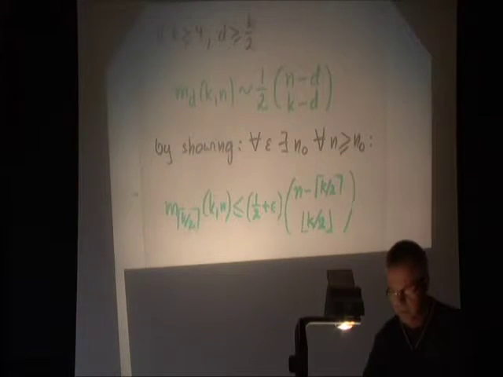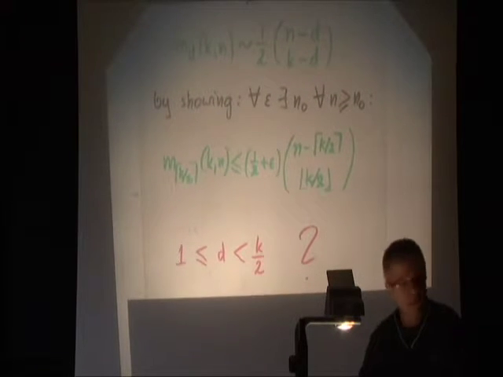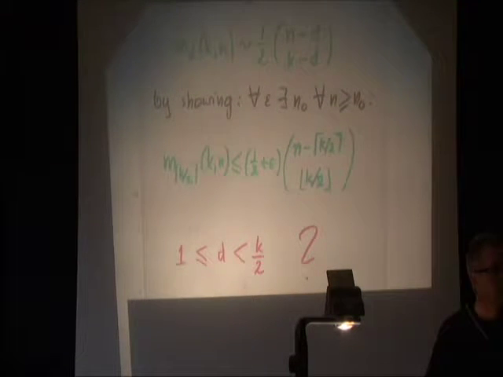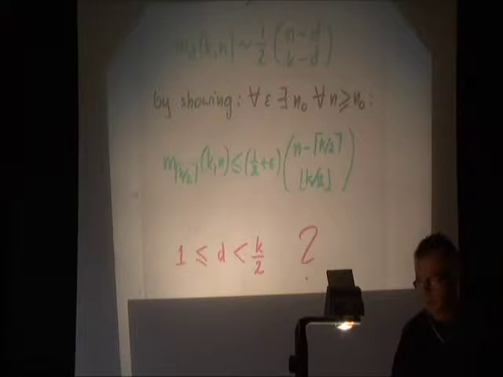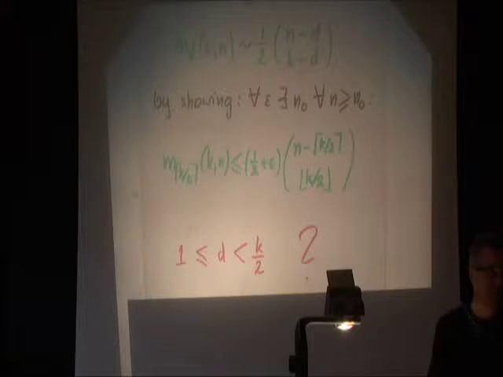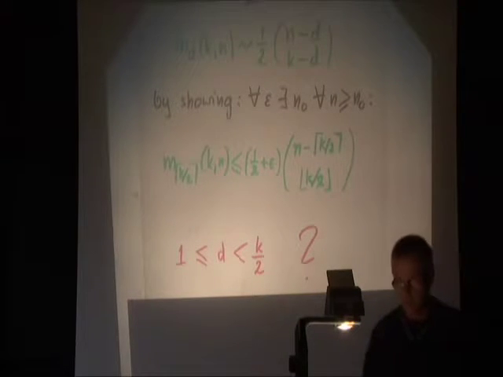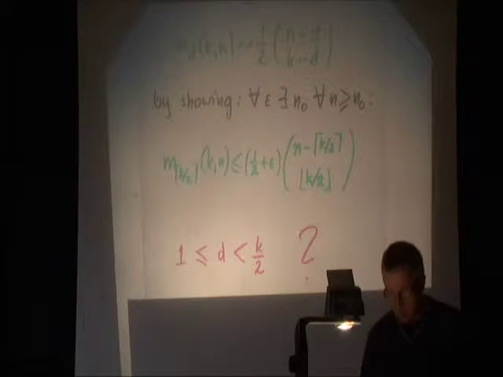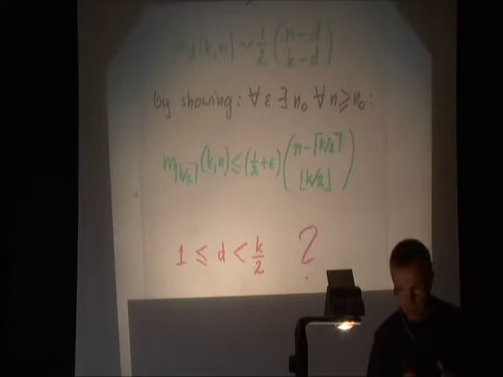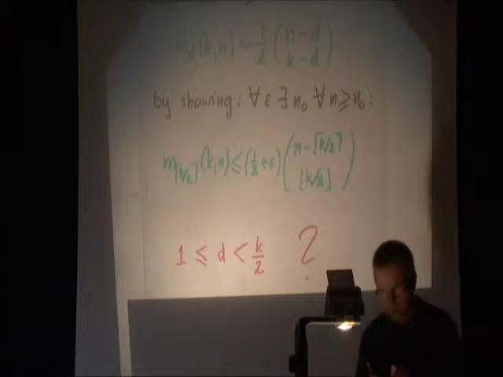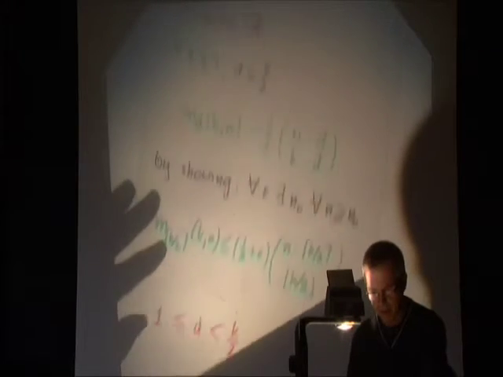That was not a hard proof. And then what was left was this case, which is still open: d between 1 and k over 2 strictly less than, the lower half of d, except for 0, of course. And recently there's been a focus of many researchers trying to prove something about this case. So for the rest of my talk, I will be talking about this case.